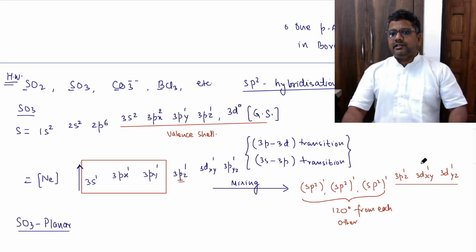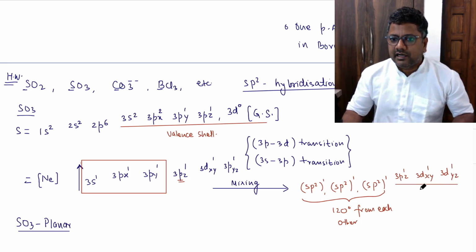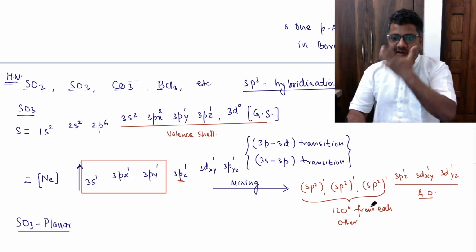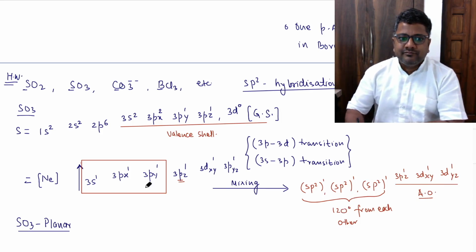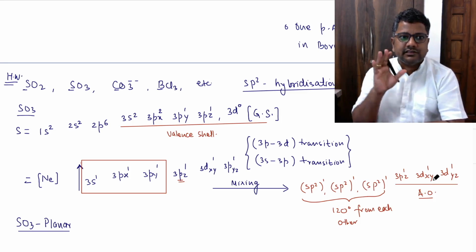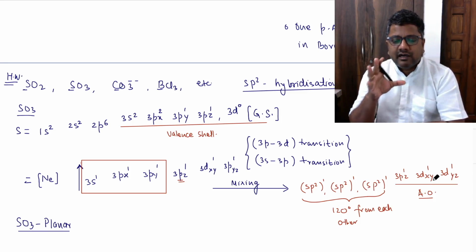So these three are atomic orbitals and these are hybrid orbitals. Now how many orbitals do you have at sulfur? Three hybrid orbitals and three atomic orbitals. Total 6 orbitals are present around the sulfur.